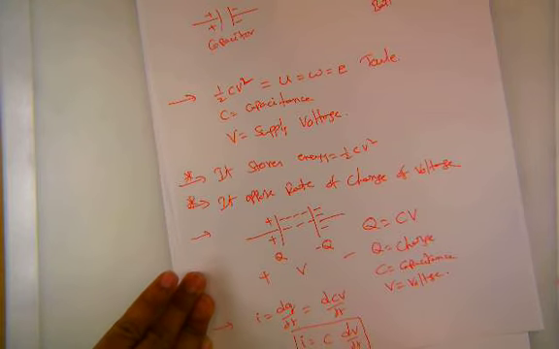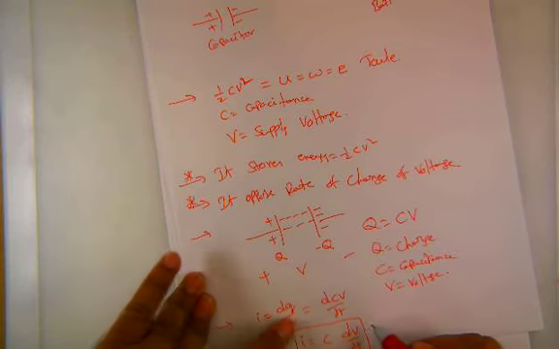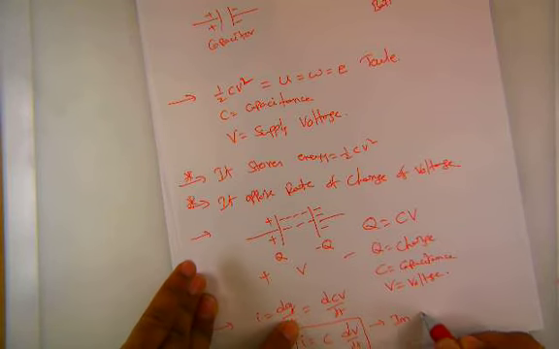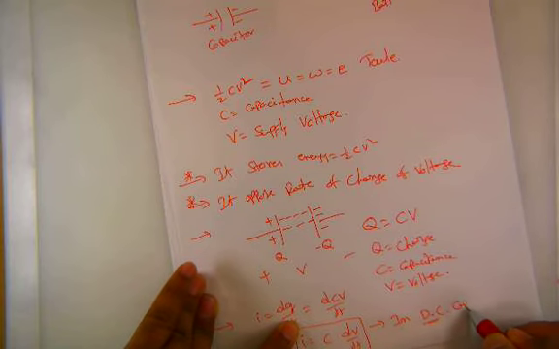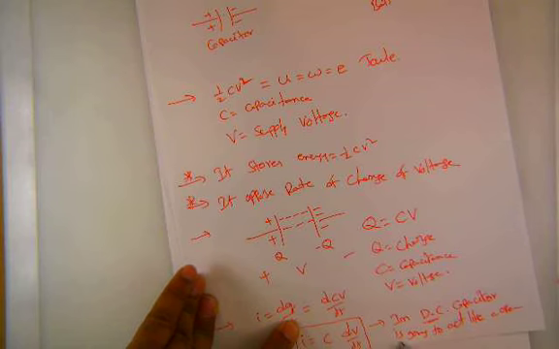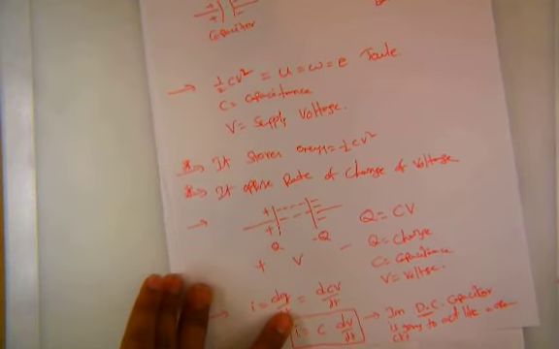That indicates that in DC, the voltage is not going to change, so the capacitor is going to act like an open circuit once it is fully charged.